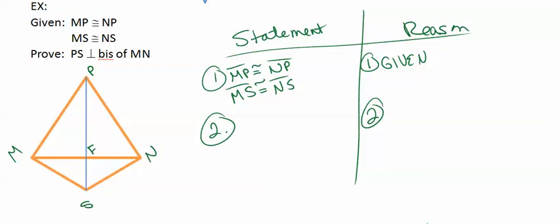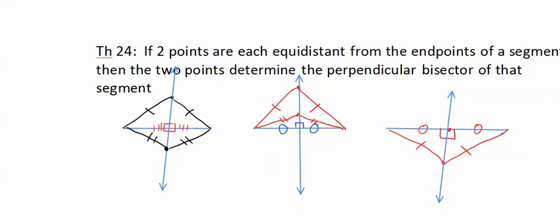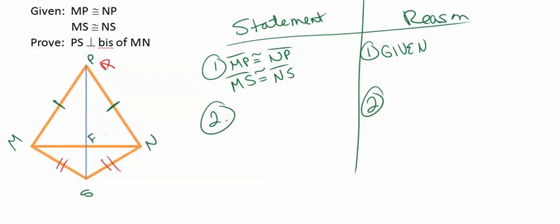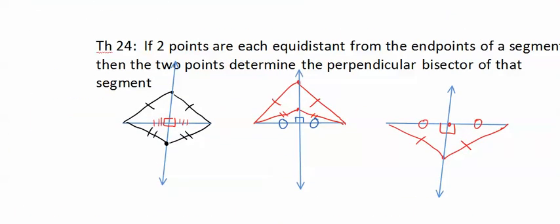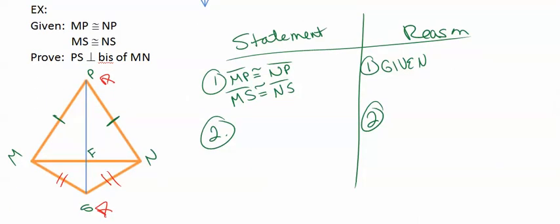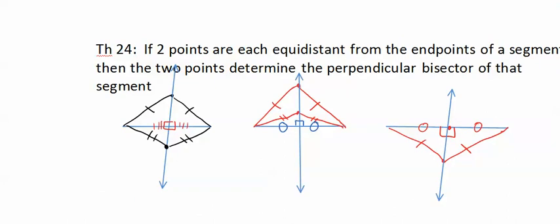Well, since I know that MP is congruent to NP, and MS is congruent to NS, based on Theorem 24, if 2 points, meaning P and S, are equidistant from the endpoints of the segment, the endpoints being M and N, then the 2 points determine the perpendicular bisector of that segment.